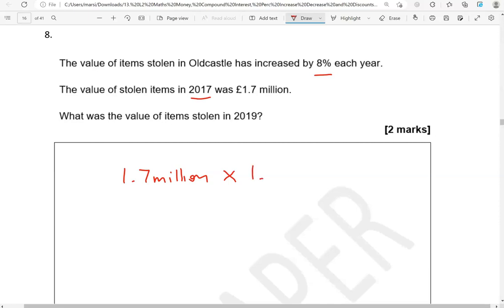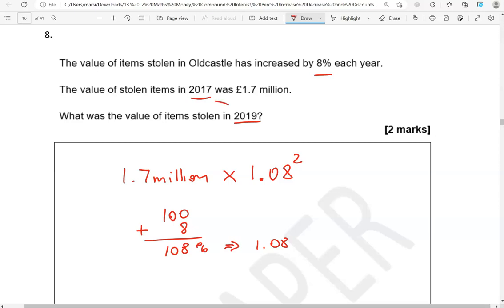So 1 point, that is 100% plus the 8%, that gives us 108%, which is the same as 1.08 as a decimal. So 1.08 to the power of 2, because we've got 2 years in between 2017 and 2019.